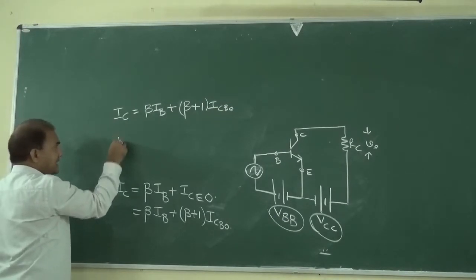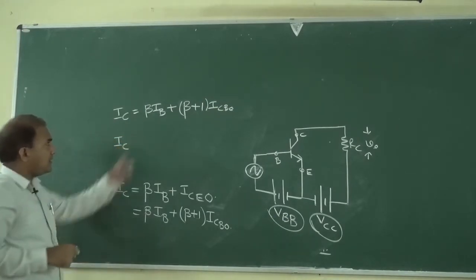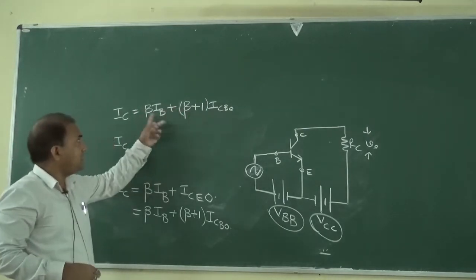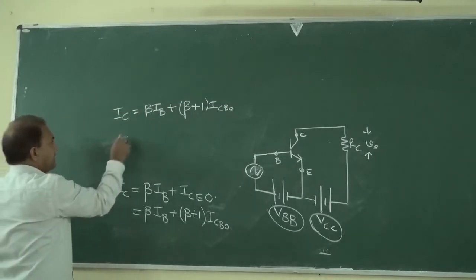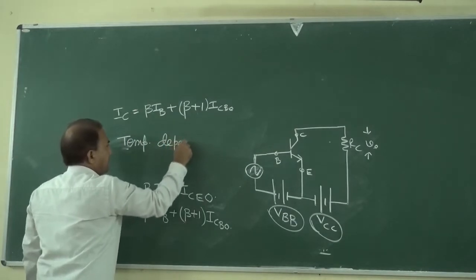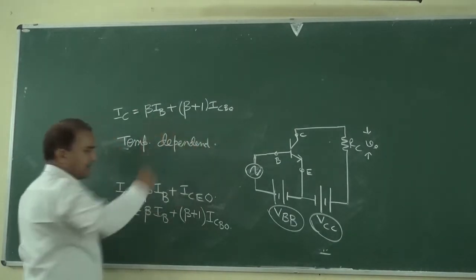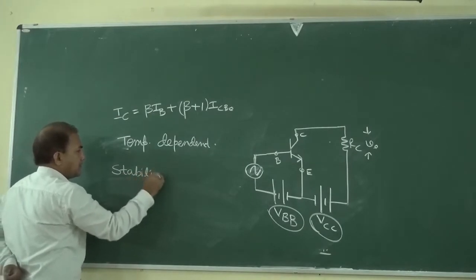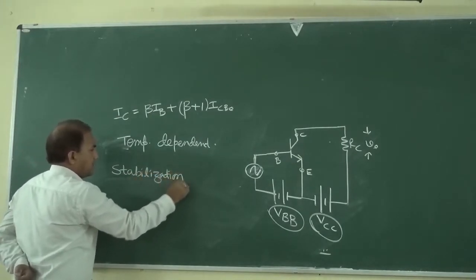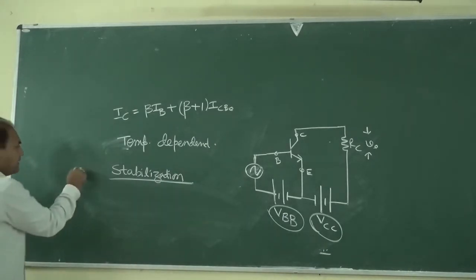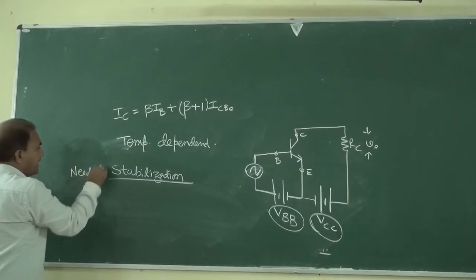From this expression we can say that IC depends on beta, IB and ICBO, and all these terms are temperature dependent. That is why we have to use stabilization of the Q point. Why do we need stabilization of the Q point?